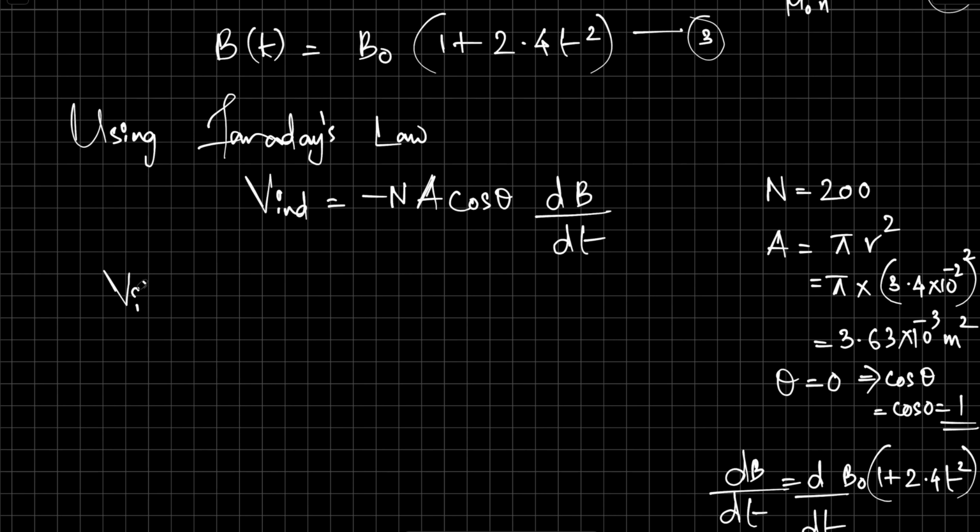So V induced is equal to minus N, which is 200. There are 200 windings. Area is 3.63 times 10 to the power minus 3. Cos 0 is 1. dB by dt is 9.6 B0.